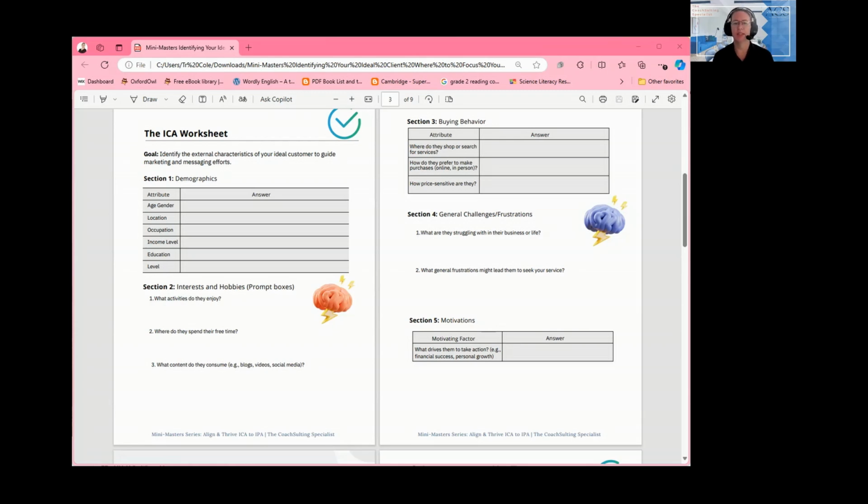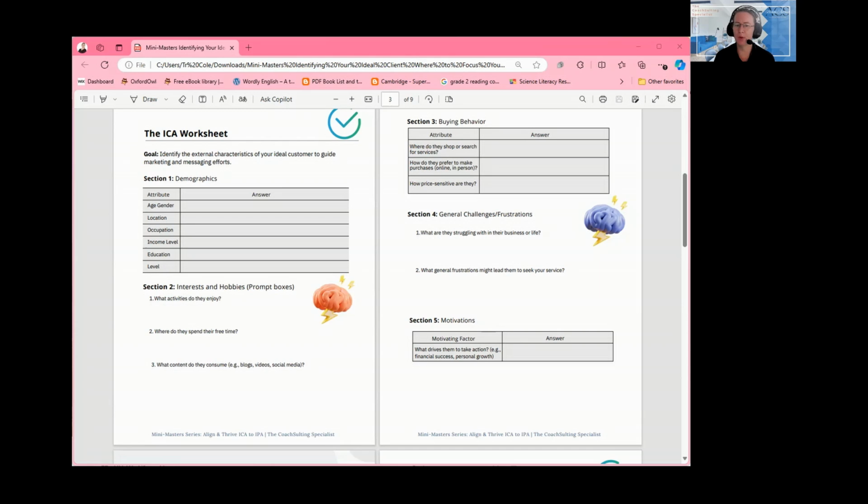However, the ICP, ideal client profile, goes a bit deeper. So the ICP is about understanding your client on a strategic and emotional level. So it's more about the business side. It helps you identify where they are in their business or life journey and what specific pain points they're facing now and how your services can provide the solution they need.